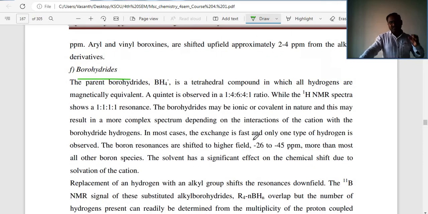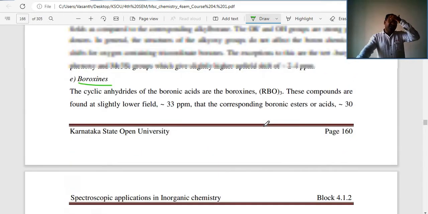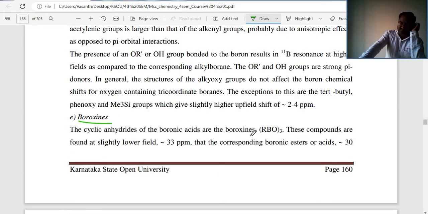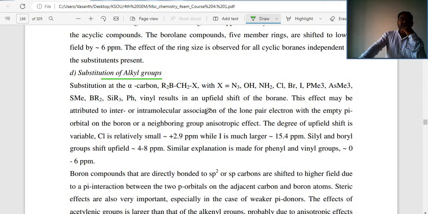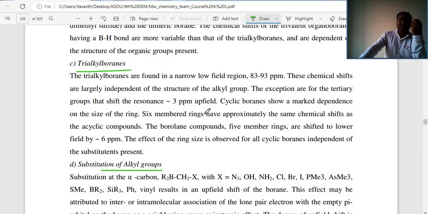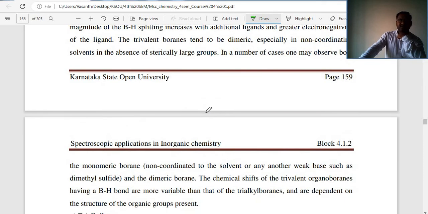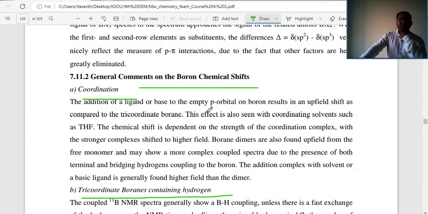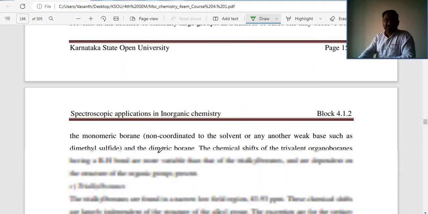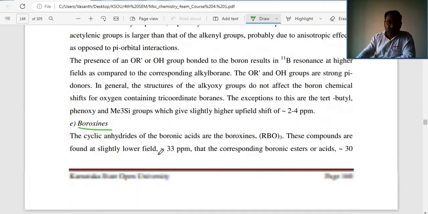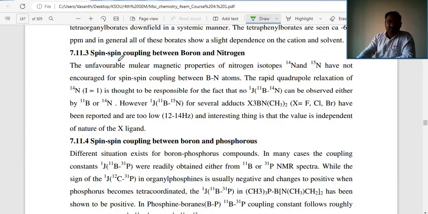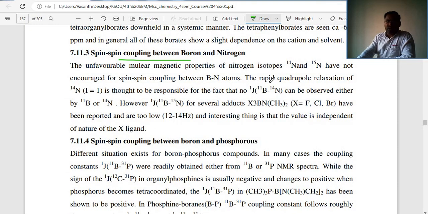We have to explain how many peaks are coming from this. What is that? Higher upfield shift and lower downfield shift. These are the general comments on boron chemical shift. We consider boron atoms with some boron related groups, and the spin-spin coupling between boron and nitrogen.